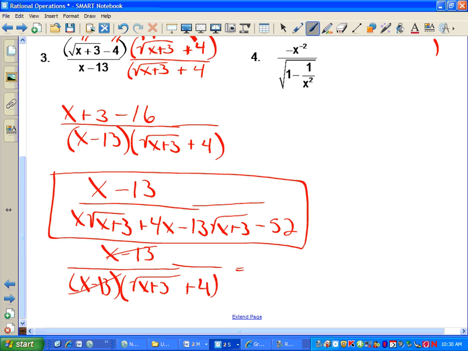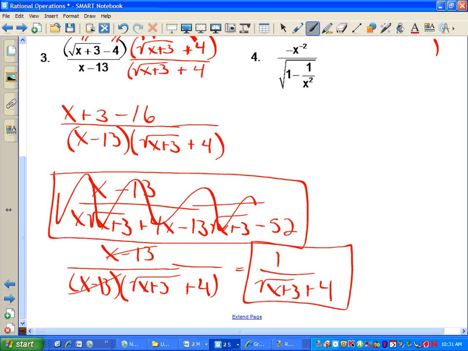Let's do that. So we end up with 1 over the square root of x plus 3 plus 4. That's nice. That's the one we want. Okay? That's the one we want. So we would not want to do this. That's too complicated. So let's stick with that.